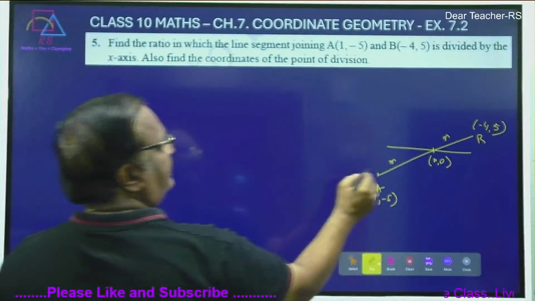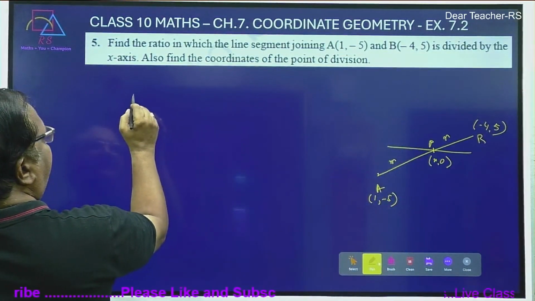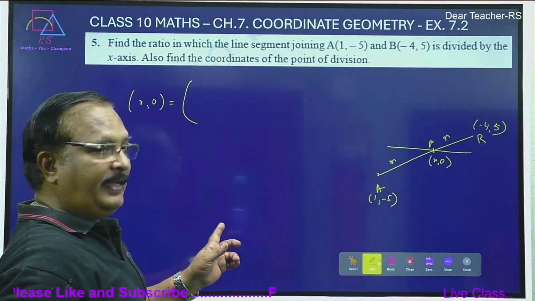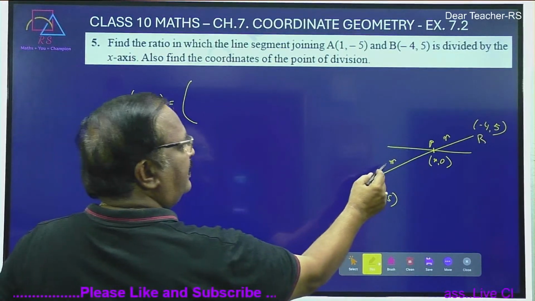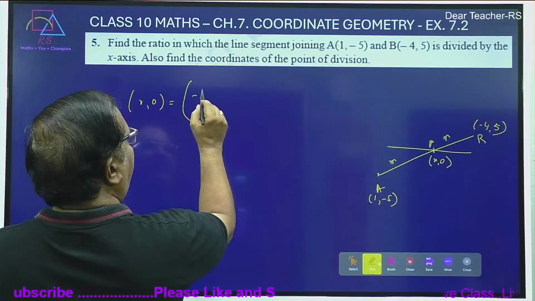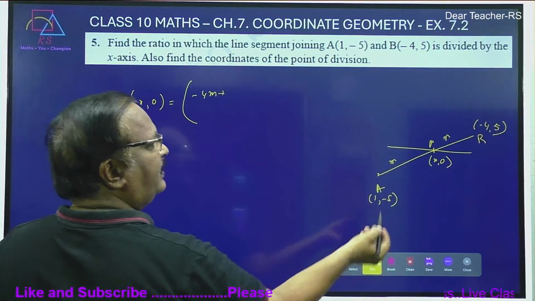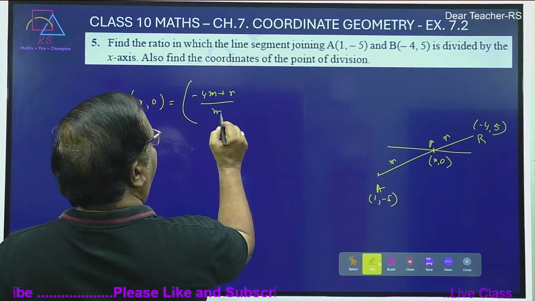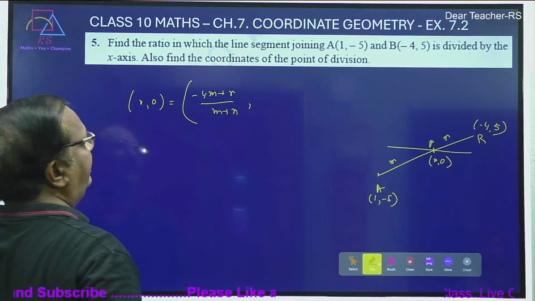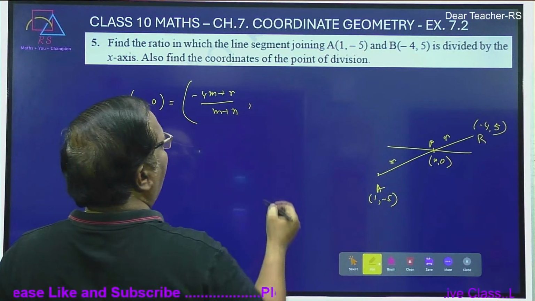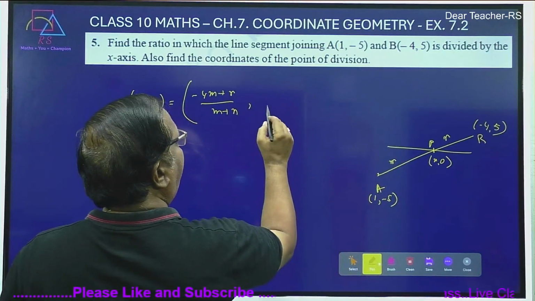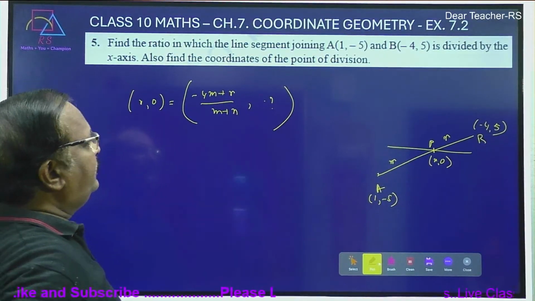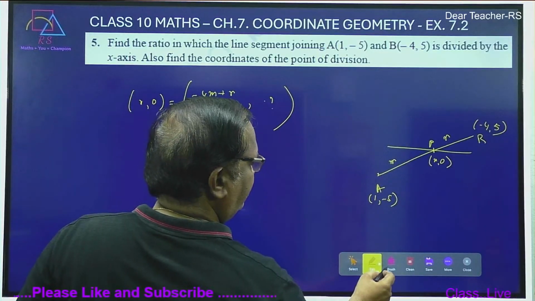Now let us say this is P and P is equal to, that means x0 is equal to mx2. How much? mx2 means m into minus 4, n x1 means n into 1, n by m plus n. Okay. Then the y coordinate is something, right? So wait, let us write the y coordinate also.